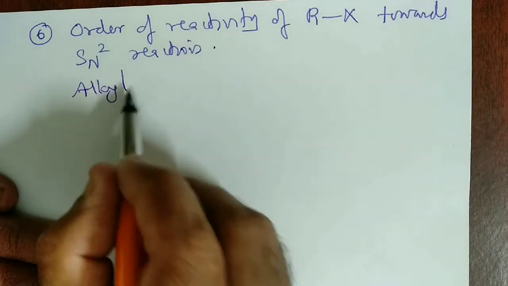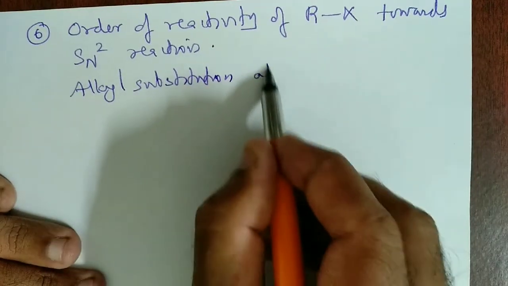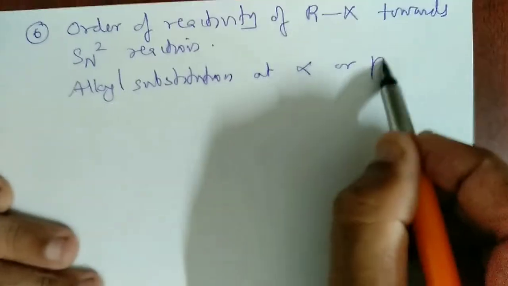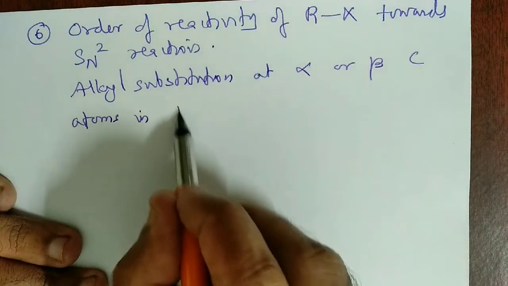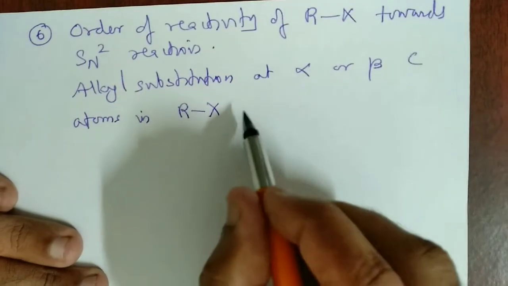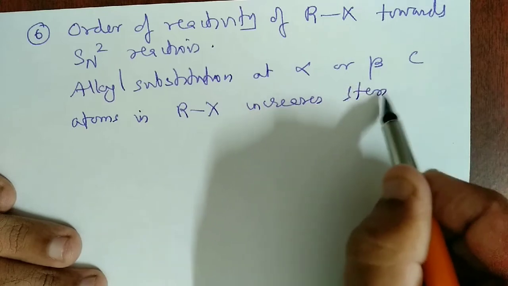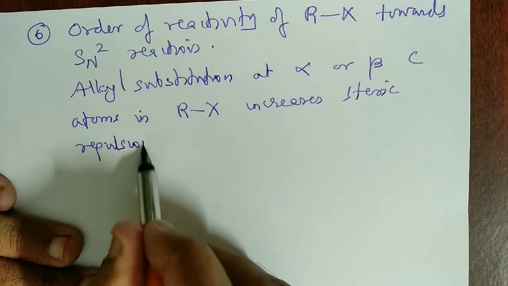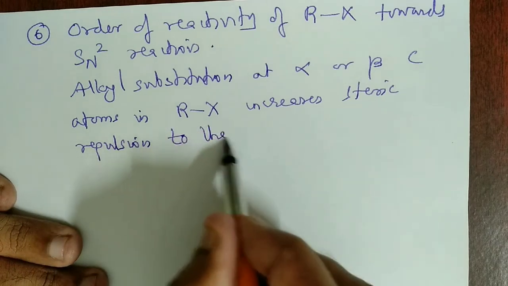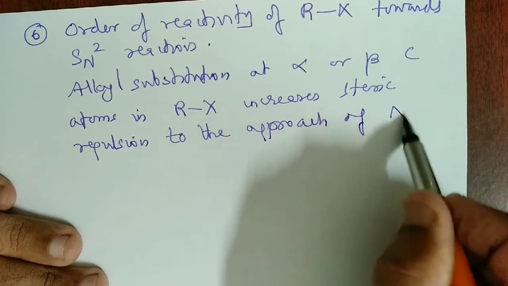Alkyl substitution at alpha or beta carbon atoms in alkyl halide increases steric repulsion to the approach of nucleophile.